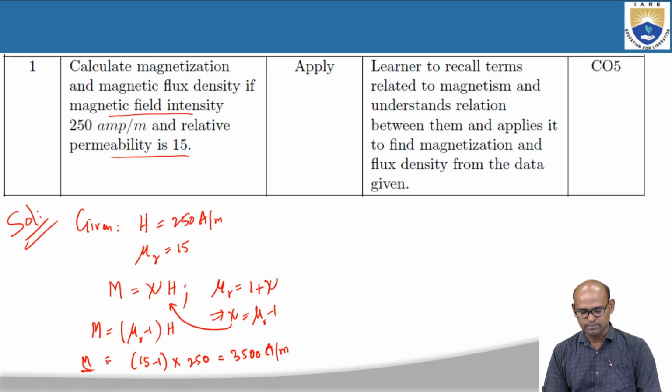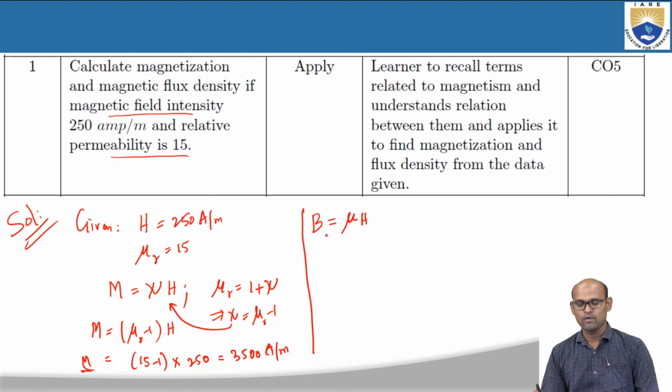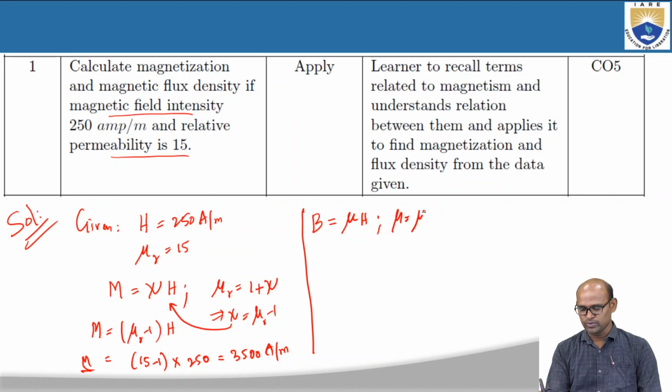Next we need to calculate magnetic flux density. Magnetic flux density is B. So B is mu into H. We do not have mu, but we have mu r. We know that mu is equal to mu naught into mu r.